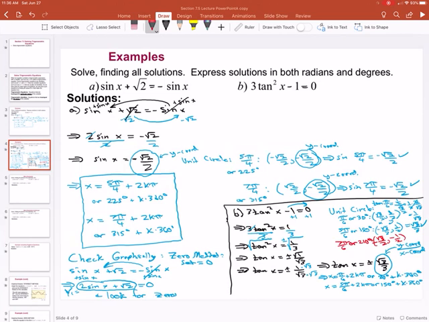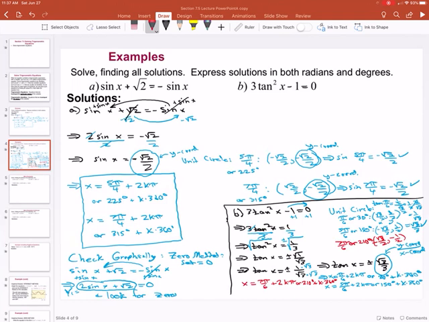So we've got the solution set of x equal to 7 pi over 6 plus the coterminal angles, 2k pi, or again, in degrees, if you want to put it in degrees, that's 210 degrees, plus those multiples of 360.